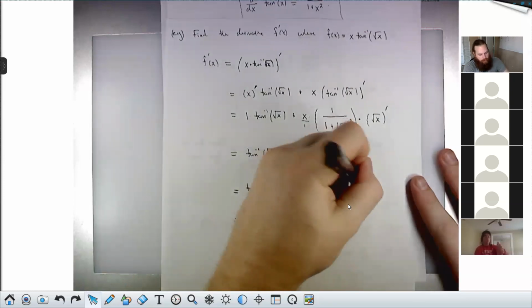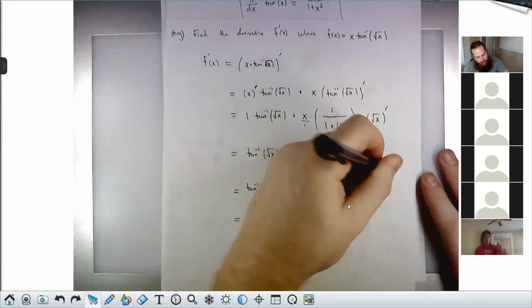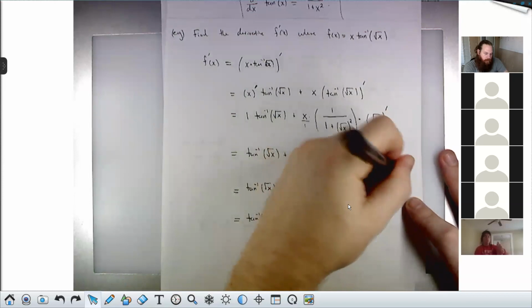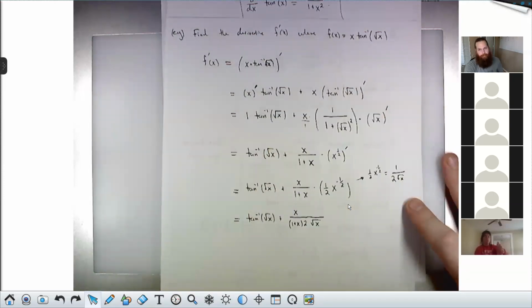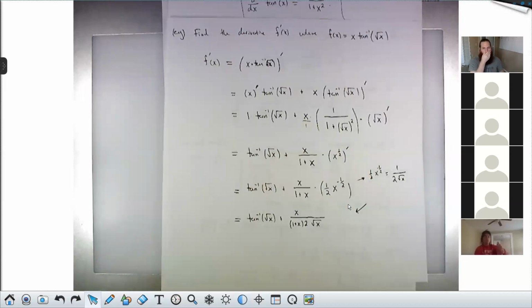So remember this piece. That's the same as 1 over 2 square roots of x. So then I just multiply those fractions.